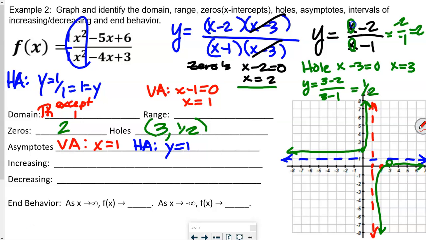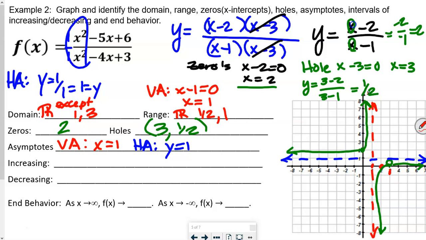Over here at 3, y'all see this right here? Where the hole is, okay? When we're talking about our range, we're going to have all real numbers again, except what? So this time we're looking for our hole and our horizontal asymptote, okay? So our hole is at 1/2, that's the y value, and our horizontal asymptote was at 1, okay?